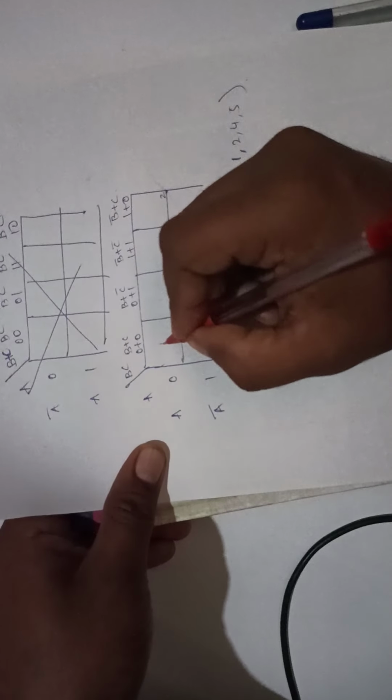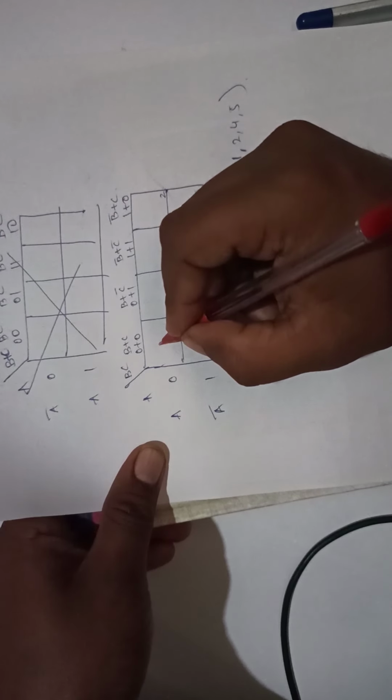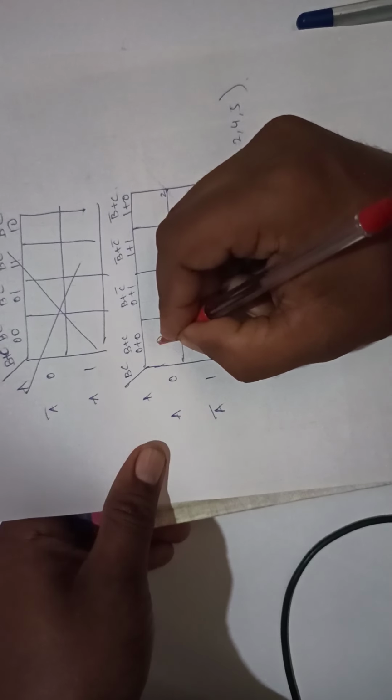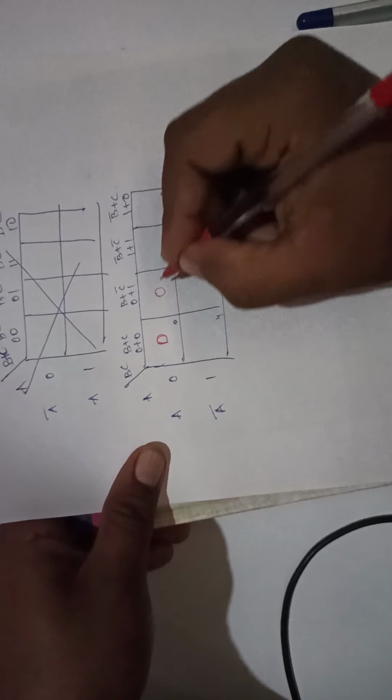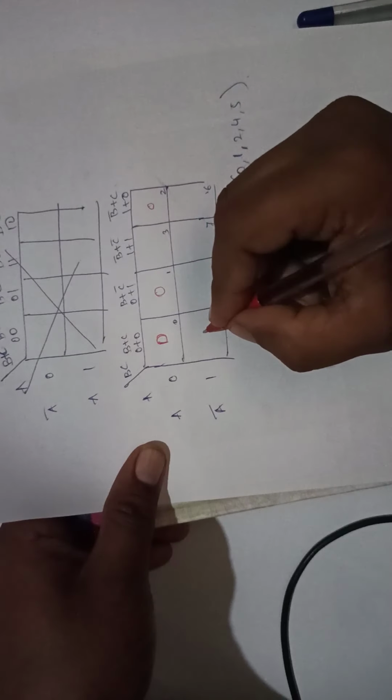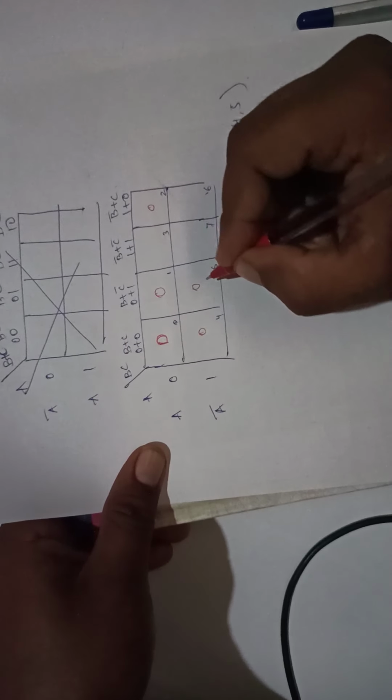Now you put the values in the given K-map. In POS form, whatever the given values are, you have to put as 0. In SOP form we put 1. So 0 for 1, 0 for 2, 0 for 4, 0 for 5.